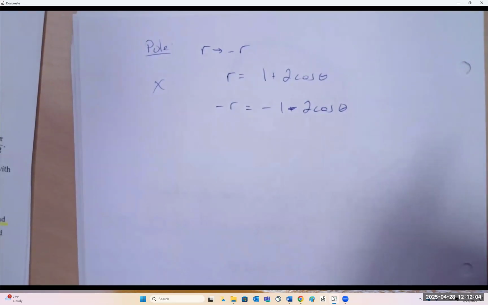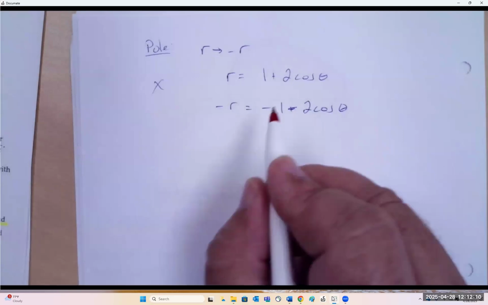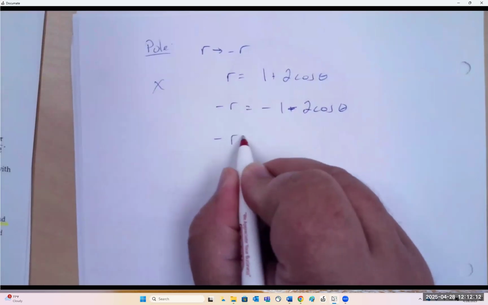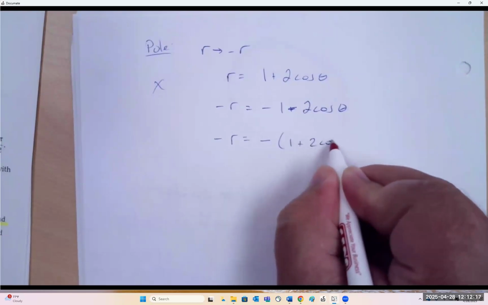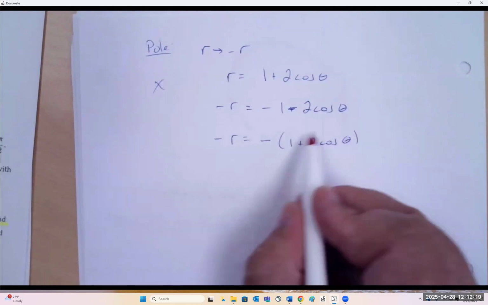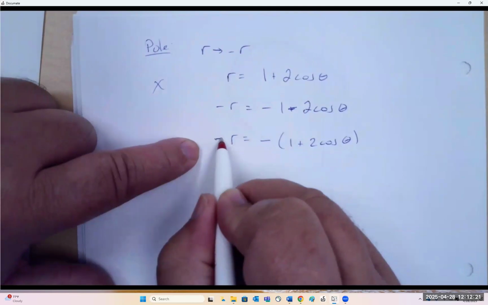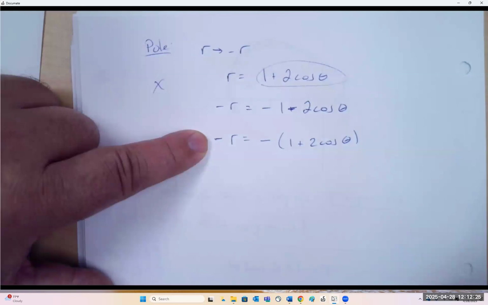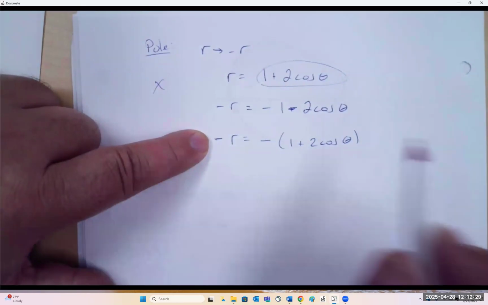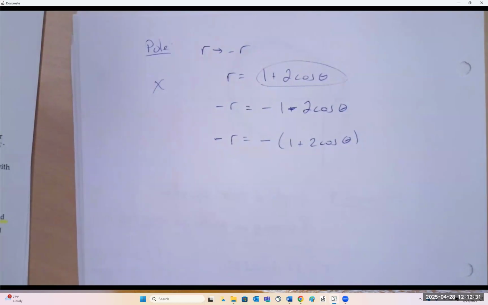Would it matter if it's already made? Well, remember, for it to pass, the whole entire equation has to be negative. In other words, when we make this negative, we take the negative of the whole thing, it has to end up looking like the original equation. Since it doesn't, it fails the test.